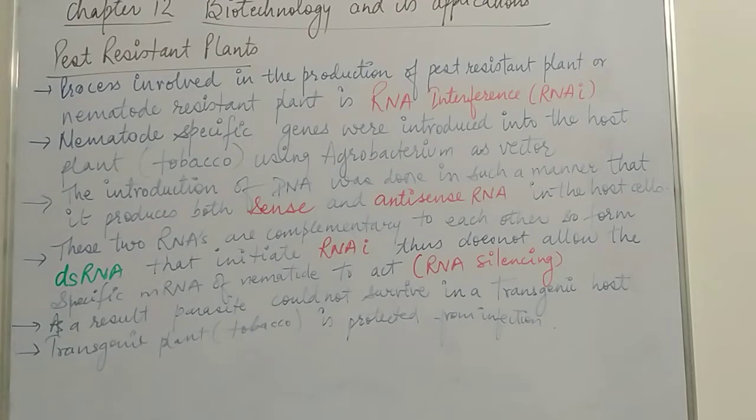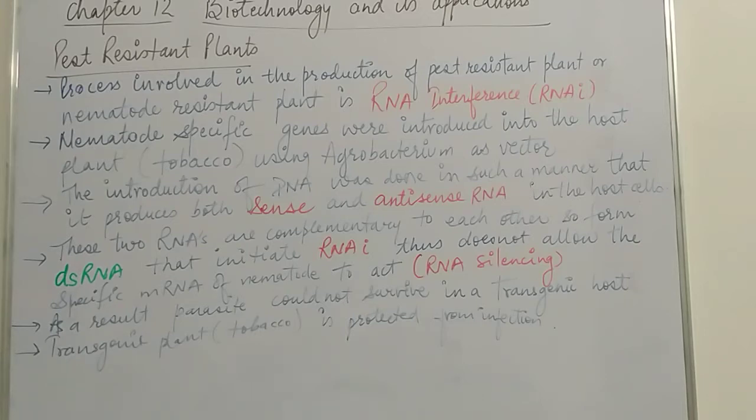The process involved in the production of a pest resistant or nematode resistant plant is RNA interference. Nematode specific genes were introduced into the host plant using Agrobacterium as a vector. The introduction of DNA was done in such a manner that it produces both sense and antisense RNA in the host cells.